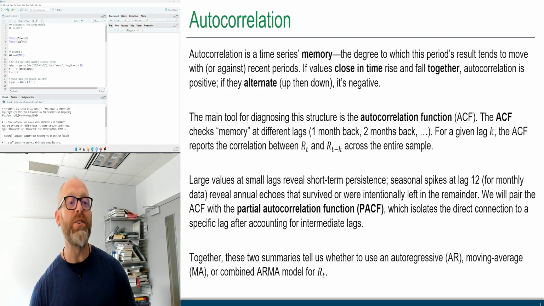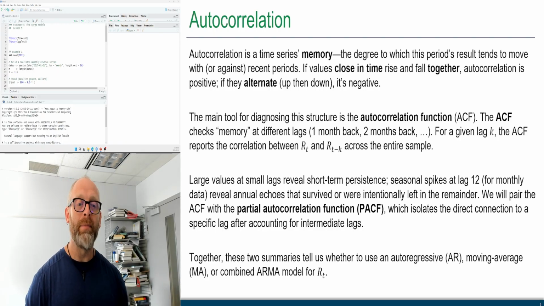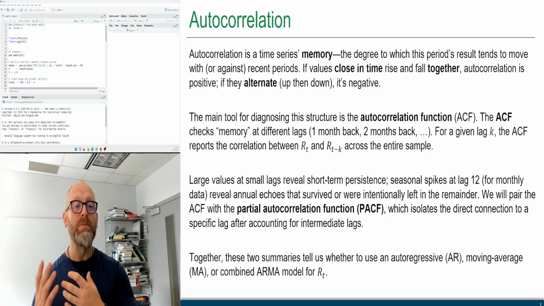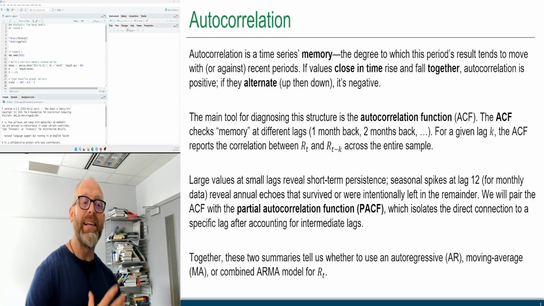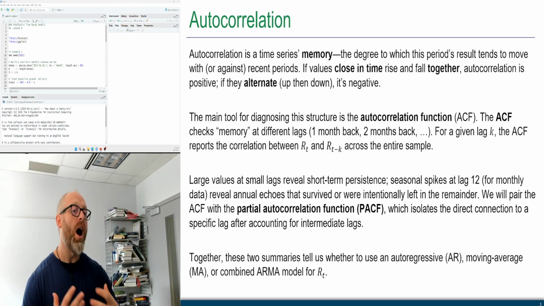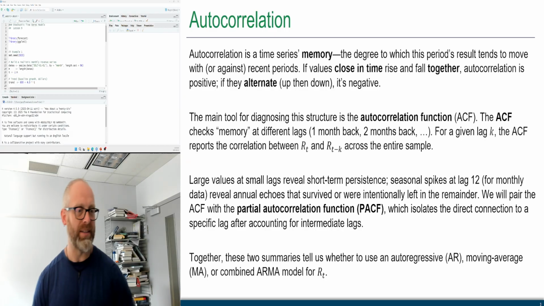So large values at small lags, say if things were broken down in months, so it could be between 1 month or 2 months or 3 months, large values reveal short-term persistence. Seasonal spikes at lag 12 reveal annual echoes that survived and were intentionally left in the remainder. So again, it wasn't caught in the seasonality aspect of it.